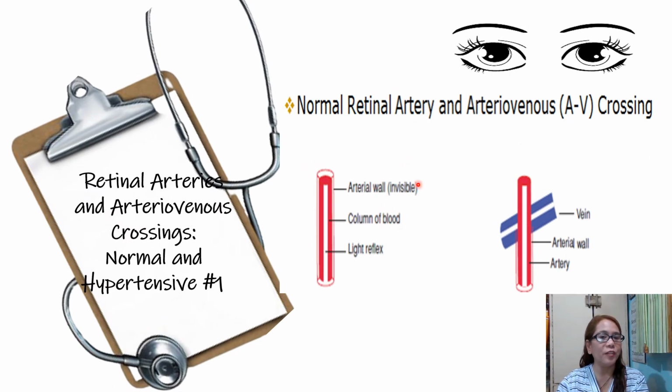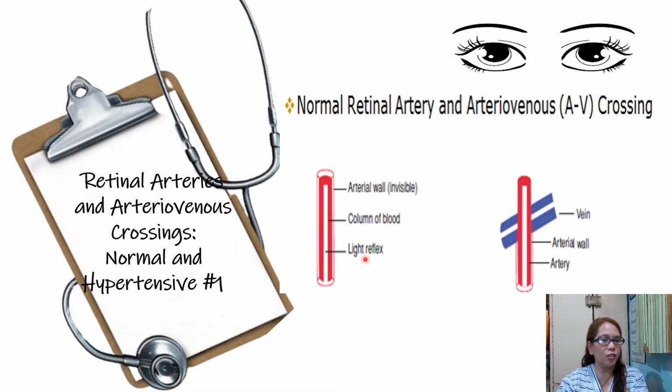So moving on to the retinal arteries and the arteriovenous crossing for a normal patient and for the hypertensive patient. This one is an example of the normal retinal artery and arteriovenous crossing. The normal arterial wall is transparent. Only the column of the blood within it is usually seen, as you can see in this picture.